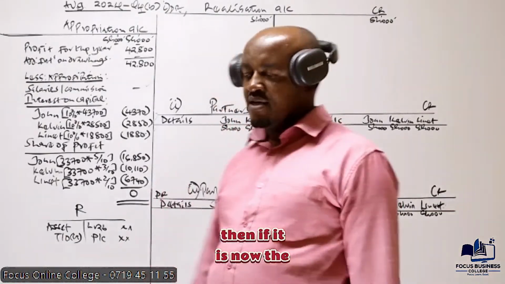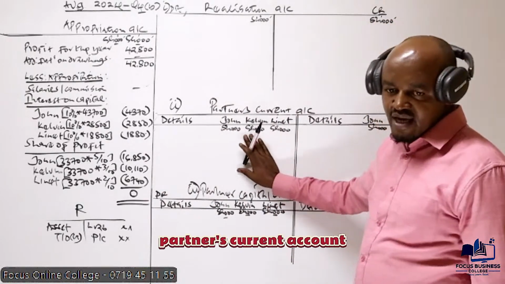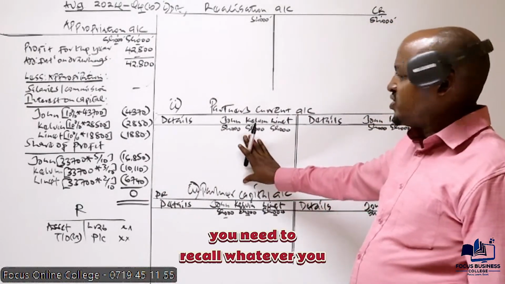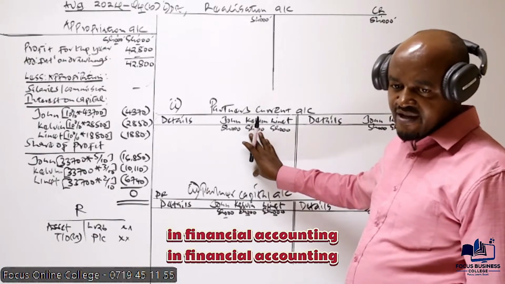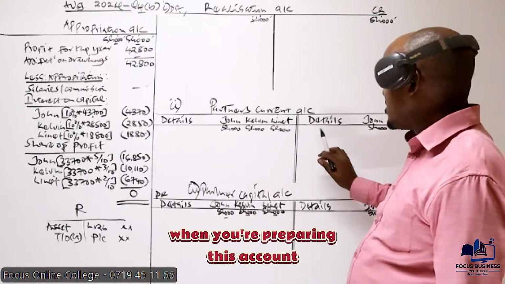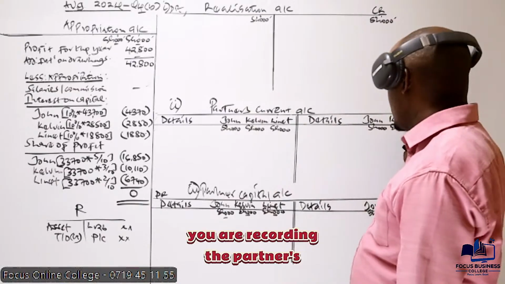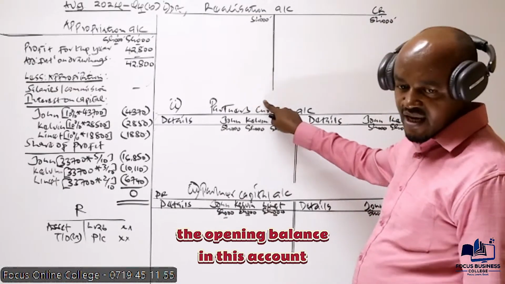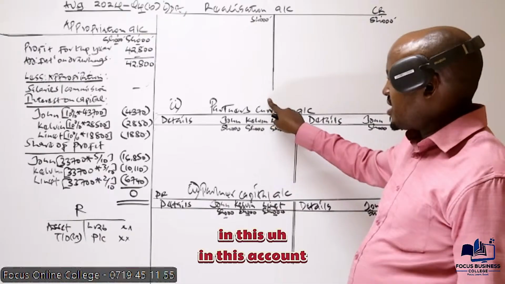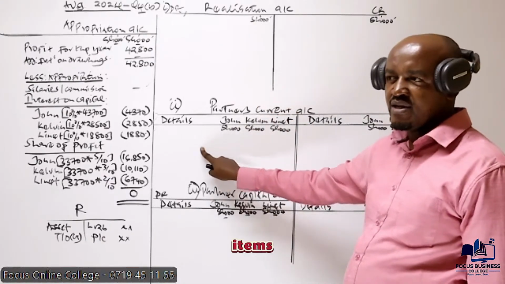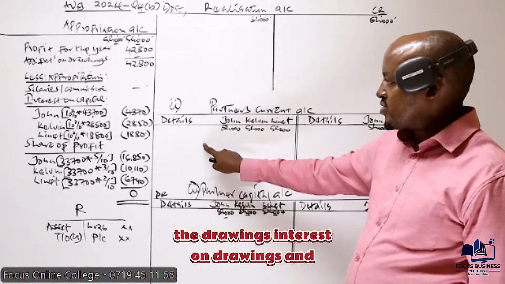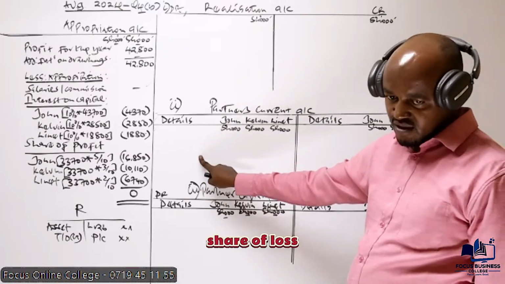Then, if it is now the partners current account, you need to recall whatever you record here in financial accounting. When you're preparing this account, you record the partners' opening balance, and on this side you record 3 items: the drawings, interest on drawings, and share of loss.